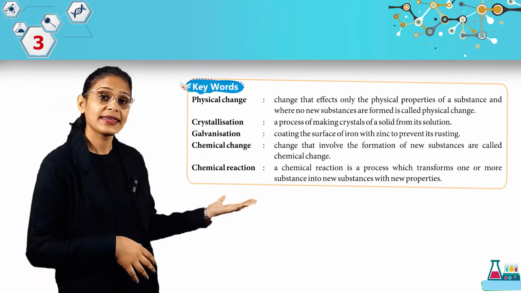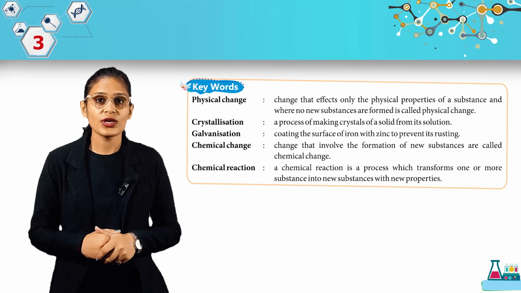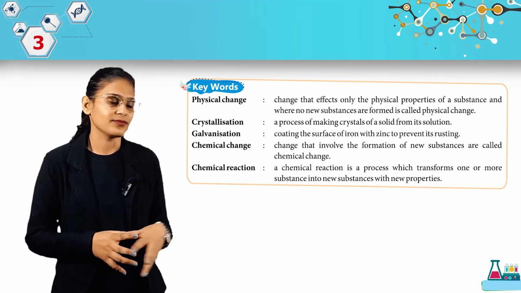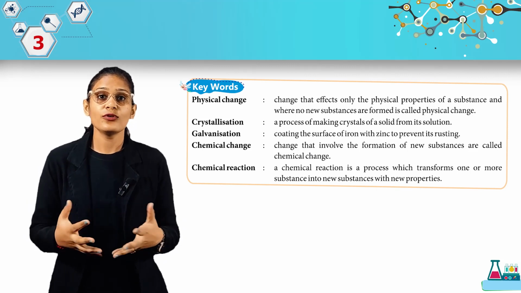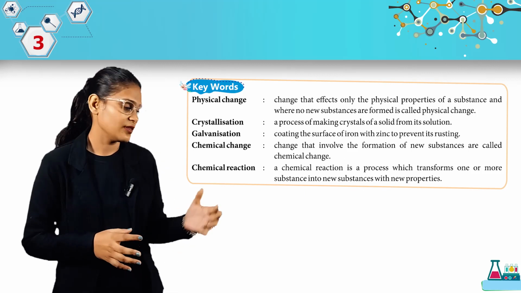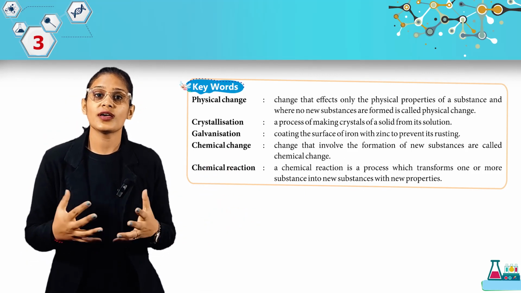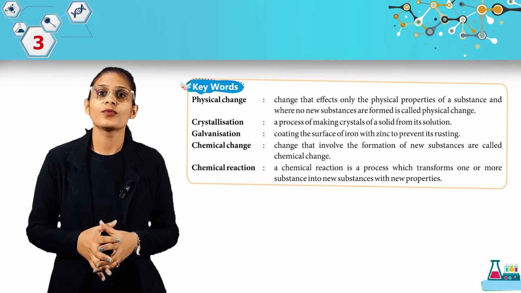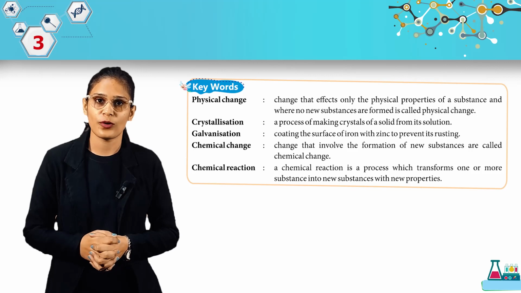Then we have galvanization, coating the surface of iron with zinc to prevent its rusting. Then we have chemical change. Changes that involve the formation of new substances are called chemical change. Then we have chemical reaction. A chemical reaction is a process which transforms one or more substances into new substances with new properties.